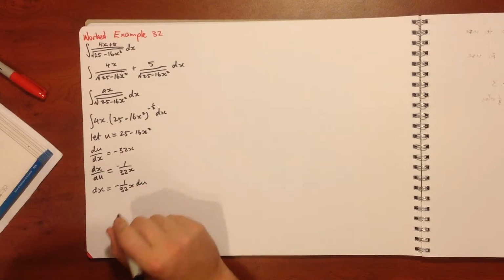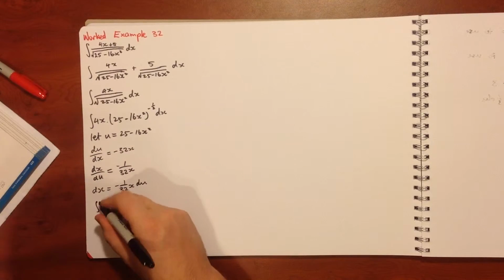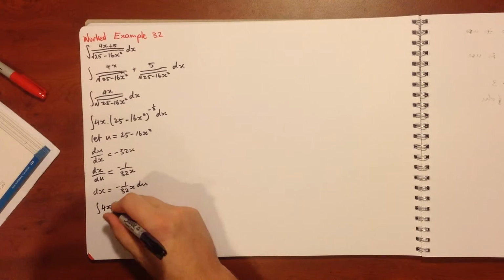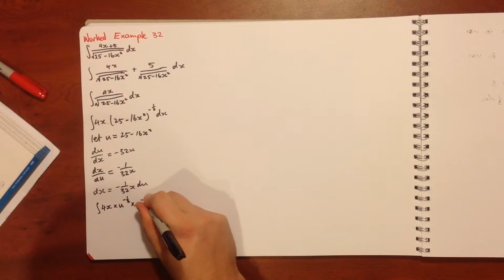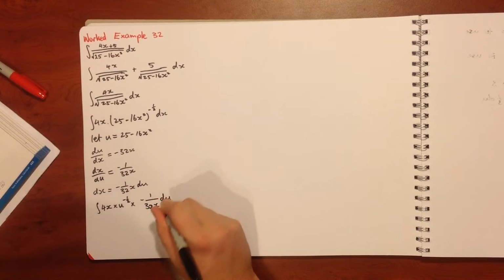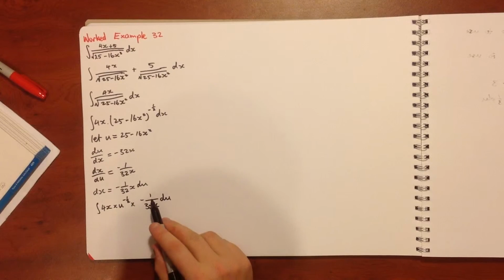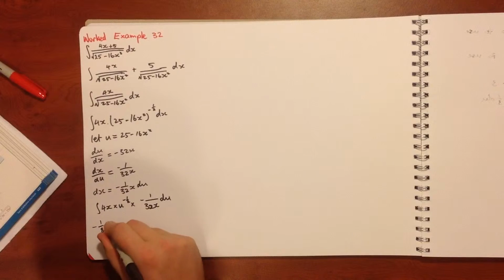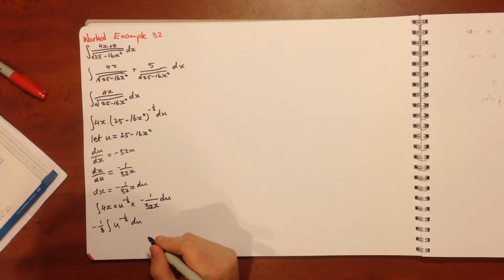So that means that we can rewrite this part of the integral as, well, we've got our 4x times our u to the negative half, times negative 1 over 32x du. Well, our 4x and our 32x can cancel out, leaving us with negative 1 on 8, which we can bring out the front. And so we've got negative 1 on 8 as the integral of u to the negative 1/2 du, which works out nicely.